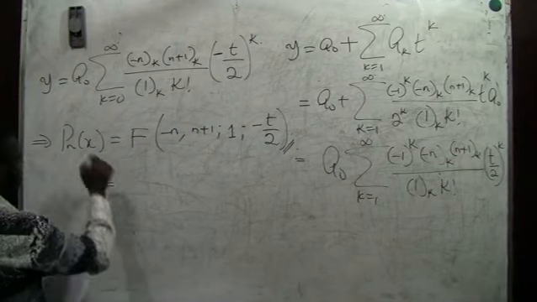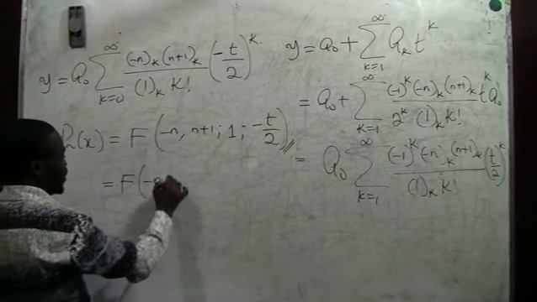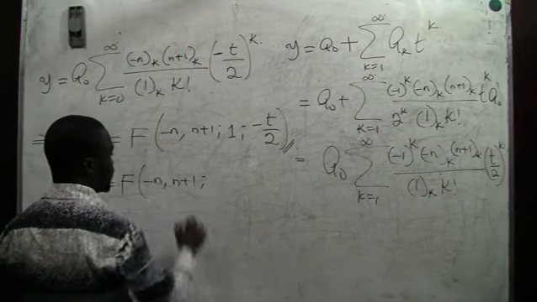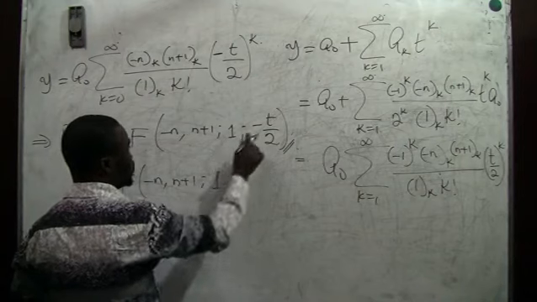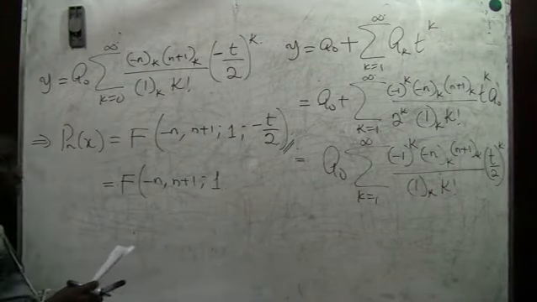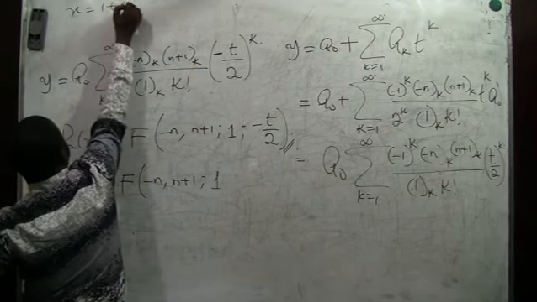We can as well make a substitution. F minus n, comma, n plus 1 semicolon 1, substituting for the value of t. Do not forget that our substitution was x is 1 plus t.